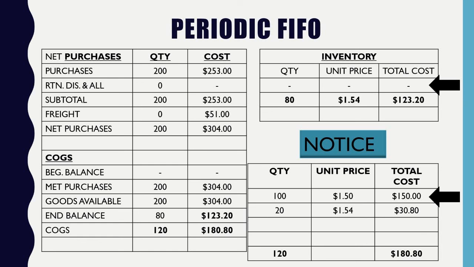Exactly. The first batch in, first batch out. And so we're going to need to know a lot of math. But if you understand the flow of the transaction, it should be pretty straightforward.